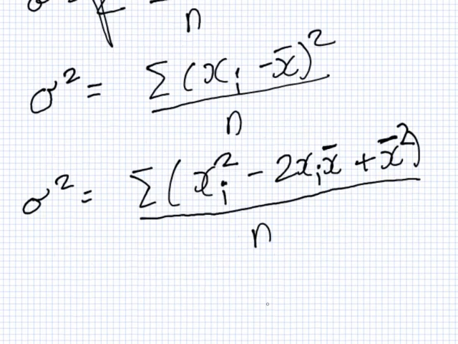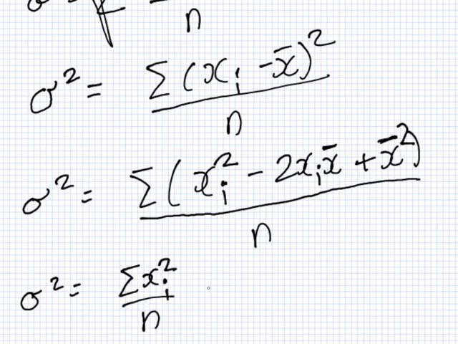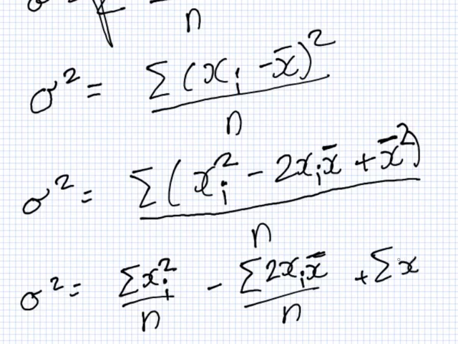Now let me clean this up a little bit. You'd have the sum of xi squared over n, minus the sum of twice xi x average over n, plus the sum of x average squared over n.